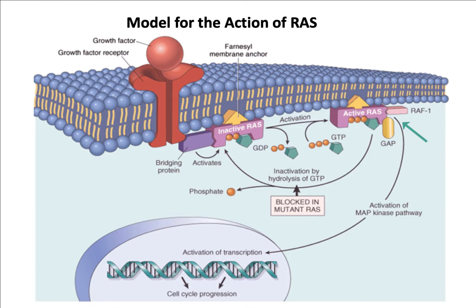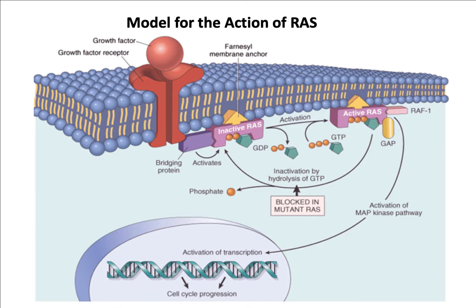RAS then phosphorylates other proteins, which activates them. And some of those activate the MAP kinase pathway, that is the mitogen activated protein kinase pathway. And many of those things that are activated become transcription factors that then turn on the cell cycle, replication, etc.